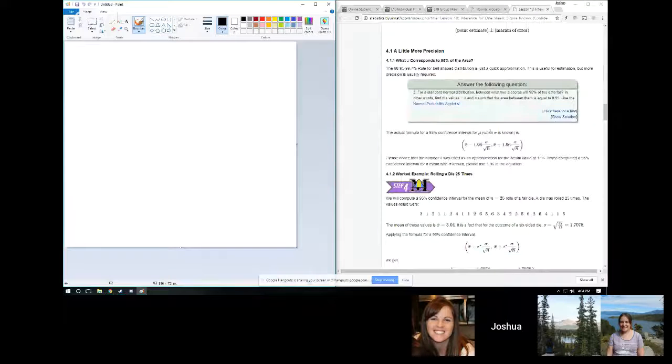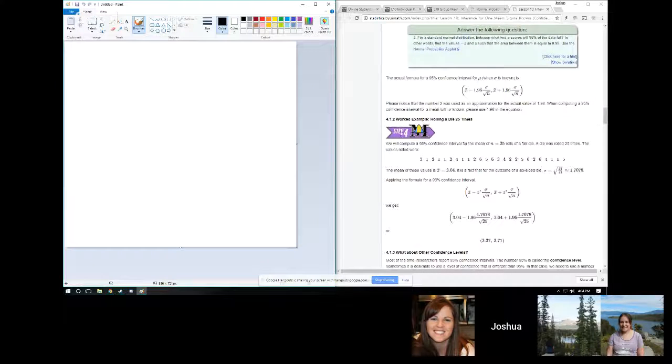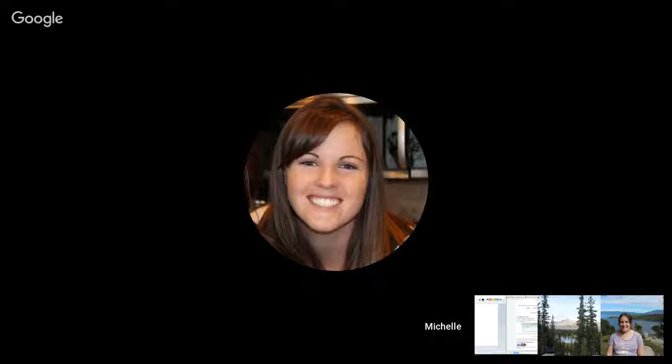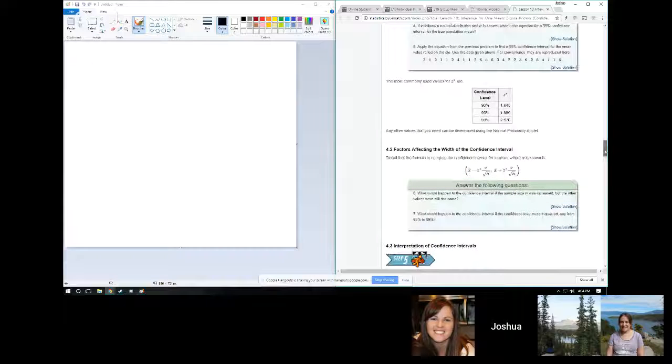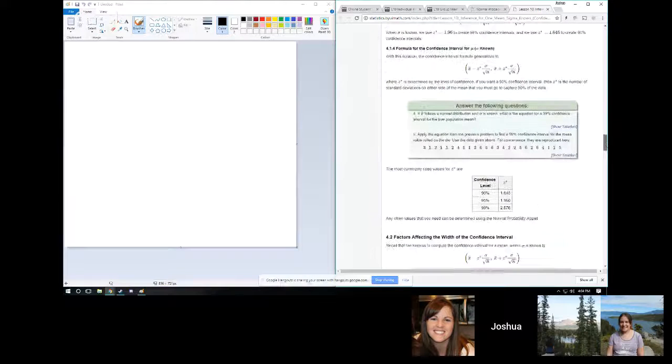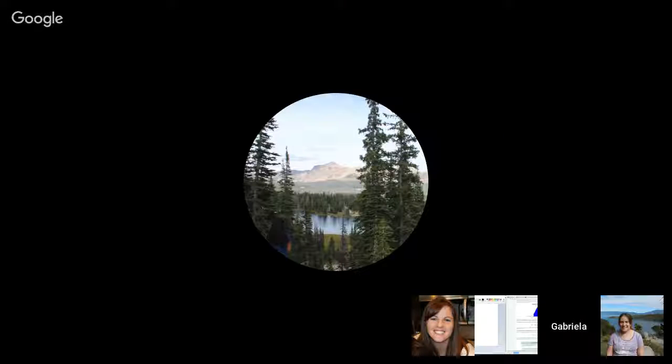It's under 4.1. 4.1-ish. I say ish because we're not dealing with an actual point estimate. We're just doing the margin of error.